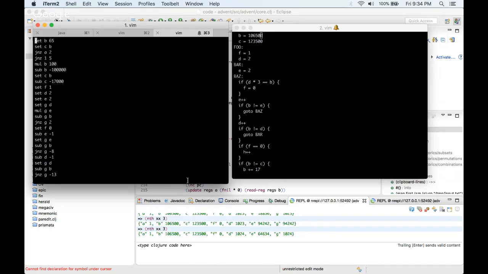Okay, why don't I just do something based on the program counter?